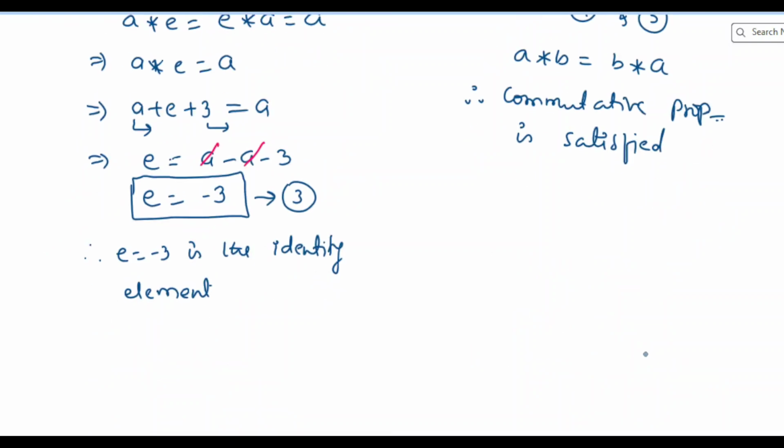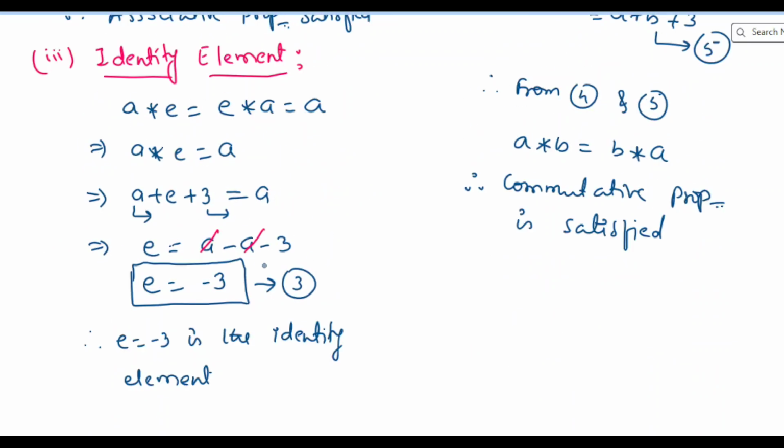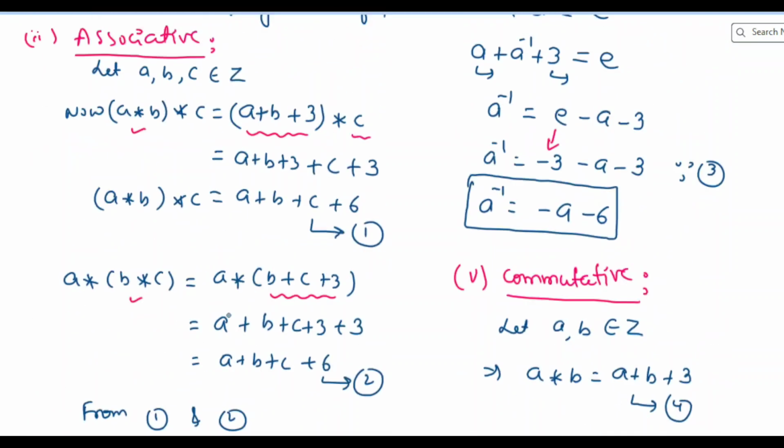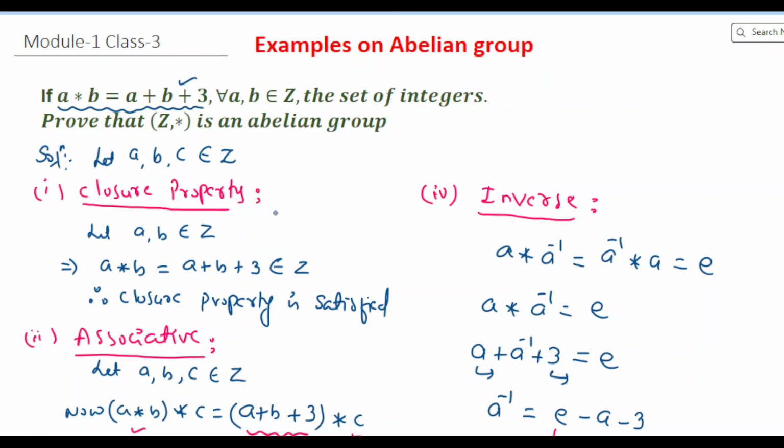Now all the 5 properties are satisfied, my dear students. If all the properties are satisfied, then we say that hence Z comma star is an abelian group. Isn't it easy, my dear students? With simple steps we have proved the given function is an abelian group.